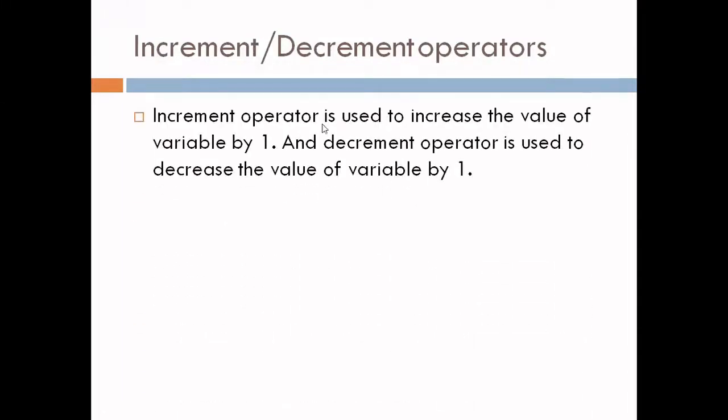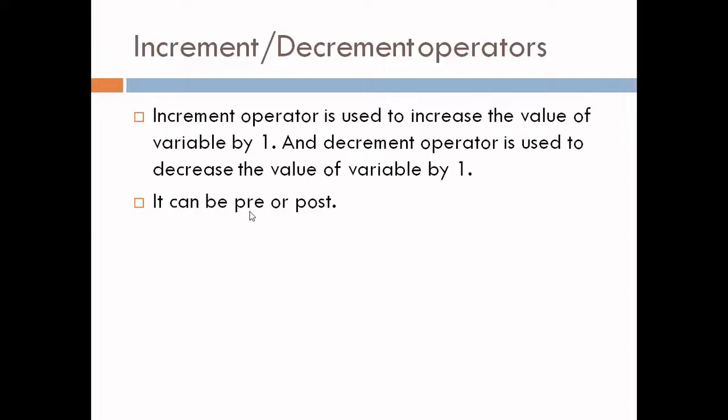So the increment operator is used to increase the value of a variable by 1, and the decrement operator is used to decrease the value of a variable by 1. It can be pre-increment or pre-decrement, or post-increment or post-decrement. Pre means first and post means after.